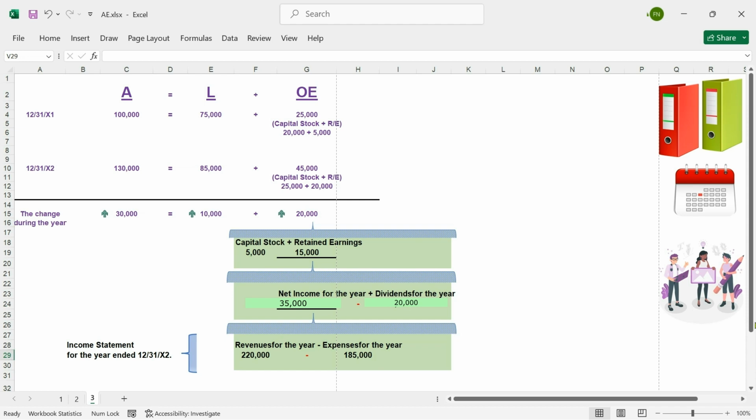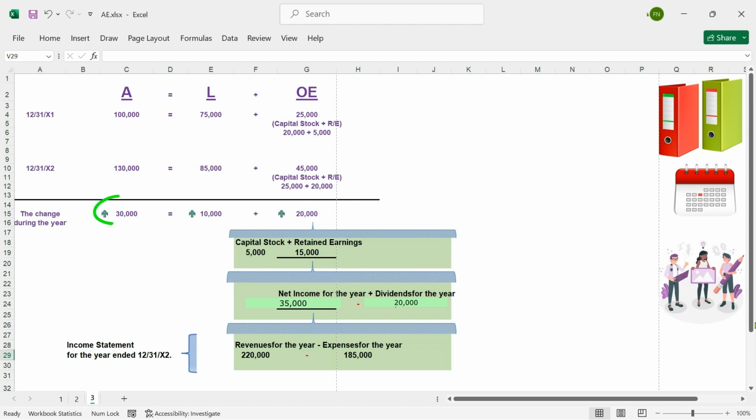But you can even understand that, just on a more practical basis, by saying this. The assets of this business increased during the year by $30,000 worth of assets. Again, the right-hand side of the equation explains to us how we got those assets or how those assets were financed.